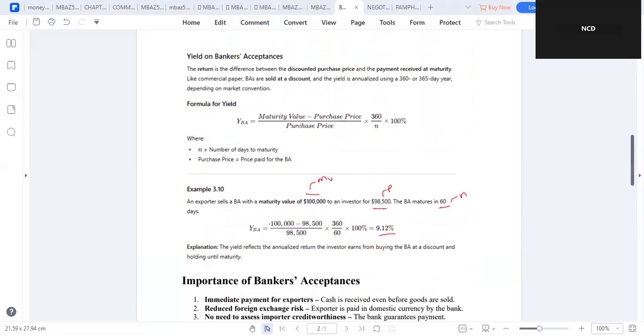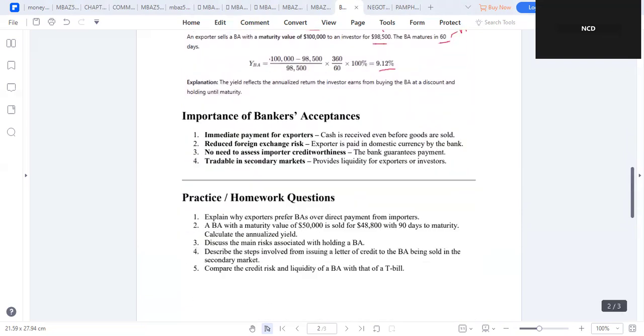So what are we given in this case? We have the maturity value and the purchase price. We also have the number of days to maturity.